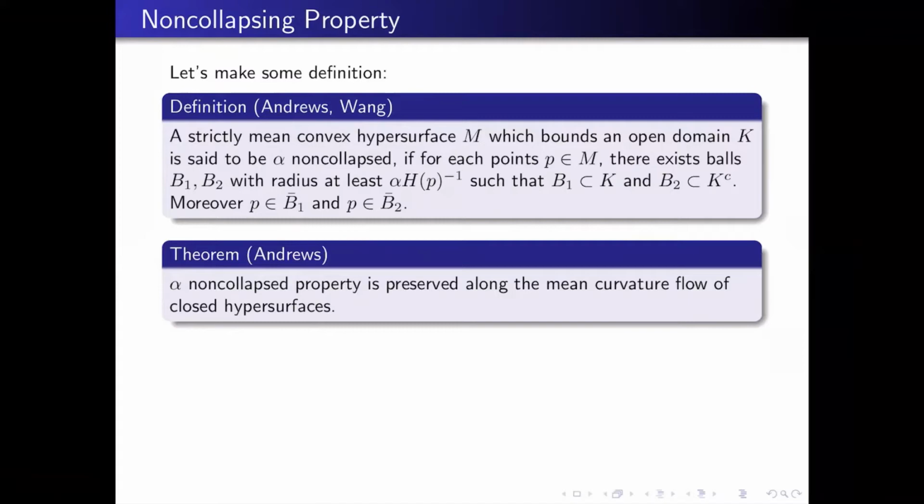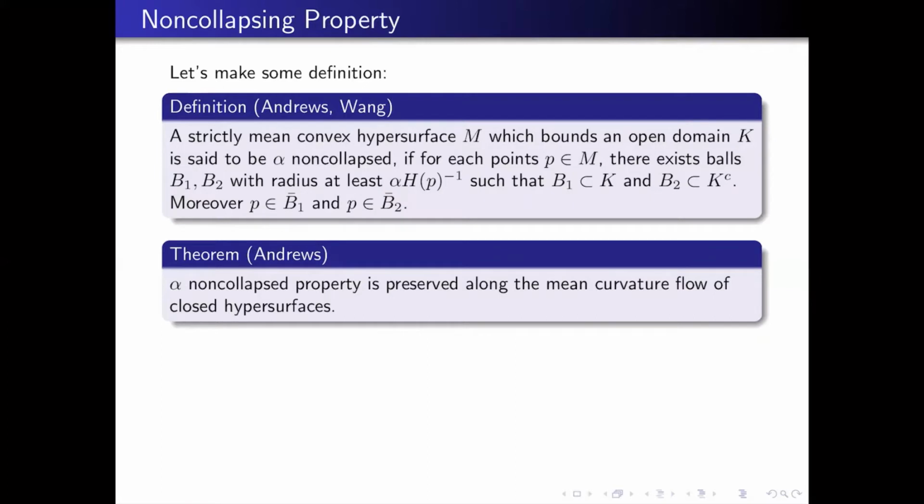A mean convex hypersurface is said to be alpha non-collapsed if it bounds an open domain, and if for each point in M there exist two balls with radius at least alpha times the inverse mean curvature, where one ball is contained in the open domain bounded by M, and the other ball is contained in the exterior of that open domain K. And also the point should lie in the closure of these two balls.